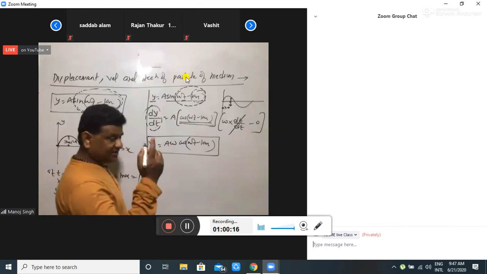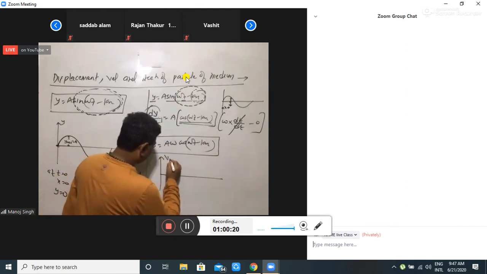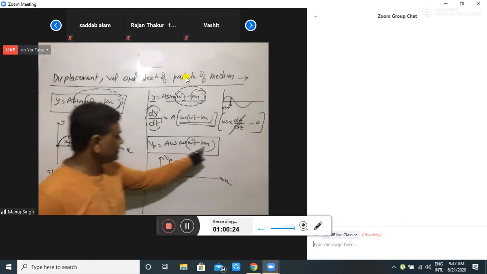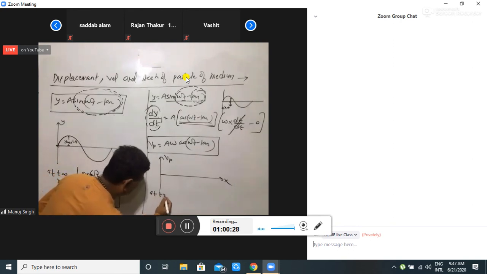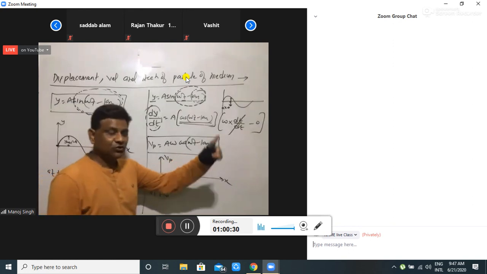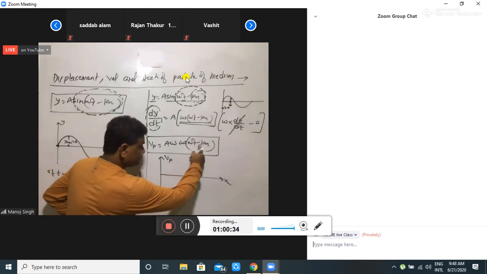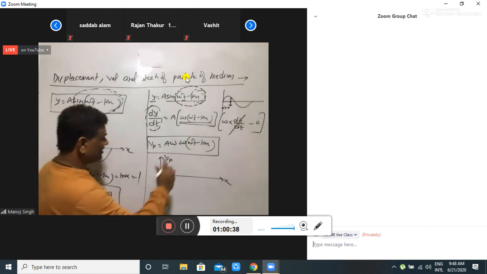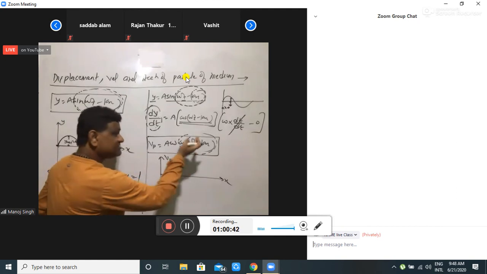Now again we can take the curve first in today's class. Here it is velocity of the particle versus x at time t equal to 0. At time t equal to 0, x will also be equal to 0. Cos 0 is equal to 1, so this value will be 1, which means maxima.